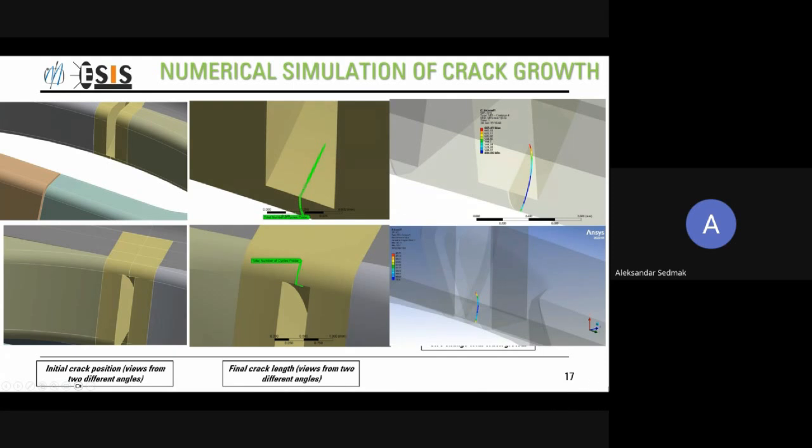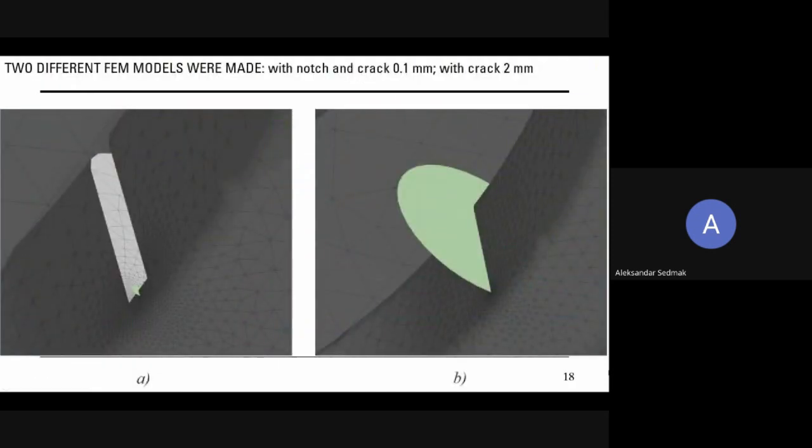Next one. Next slide, please. Now, not only was this crack simulated numerically, as you can see on the left side with the notch and the initial crack of 0.1 millimeter, but also with a crack of 2 millimeters without a notch.